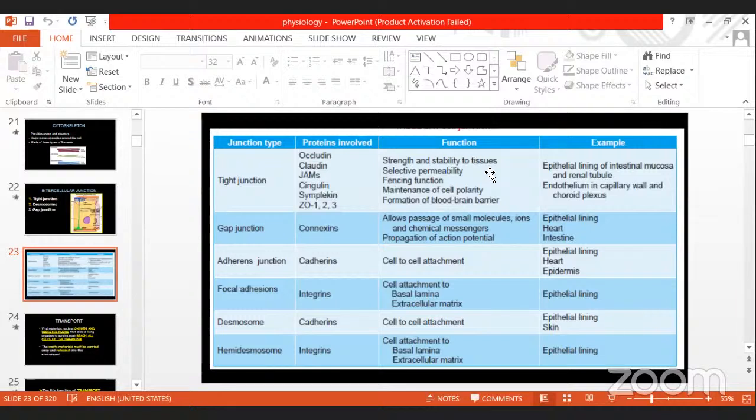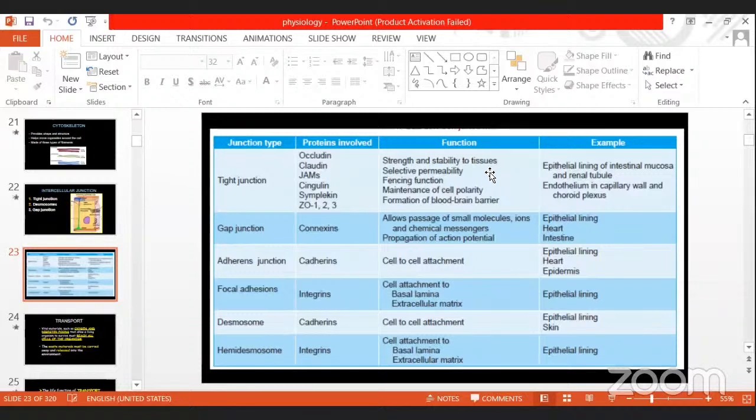It has a fencing function and maintains the cell polarity, because it won't allow the mixing of the cytoplasm, the ions, or the substances from one cell to the other, and it provides the blood-brain barrier.